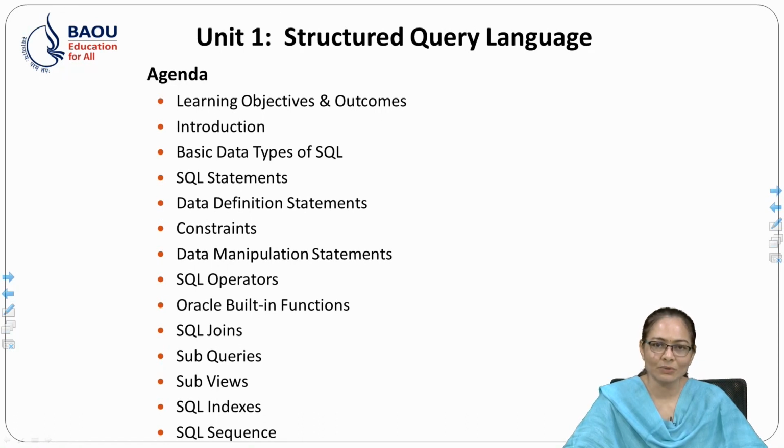After learning this unit, you will be able to get knowledge about SQL and its process architecture, learn about the various types of SQL statements, SQL operators and functions, joins and subqueries, etc. The student will be able to write queries to retrieve data from the table as per their requirements and understand all the basic commands of SQL. In short, getting all the things of Structured Query Language, that is SQL.